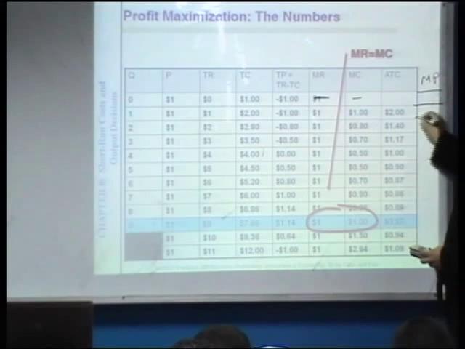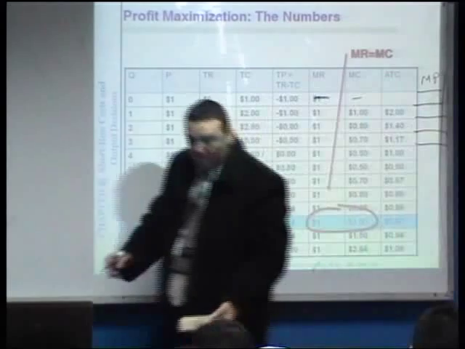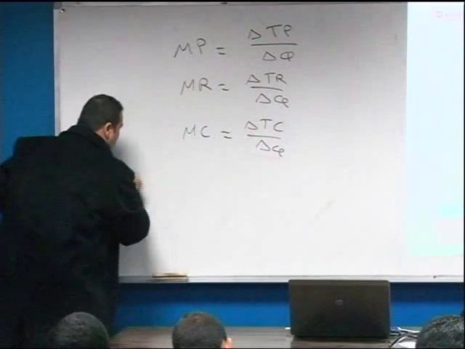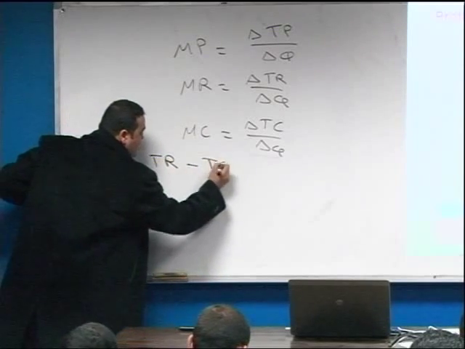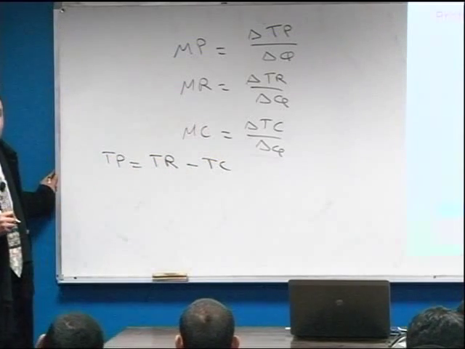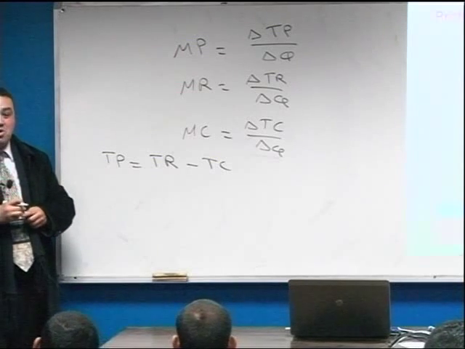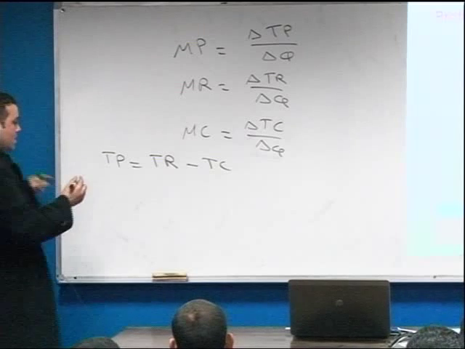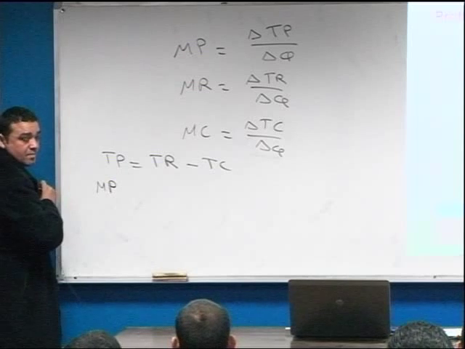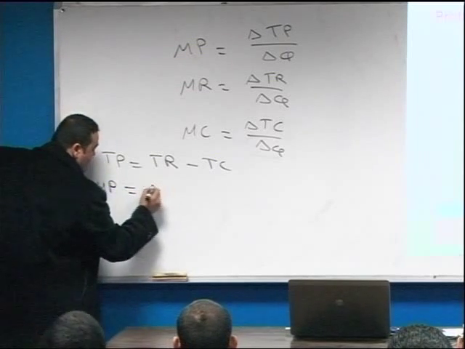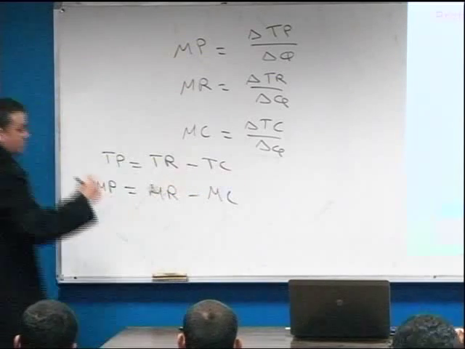So let's calculate the marginal profits here, MP. We have another formula to calculate the marginal profits. As we mentioned, the total profits equals total revenue minus total cost, right? Let's change it by using the marginal revenue, marginal cost, and marginal profits. Marginal profits equals marginal revenue minus marginal cost.